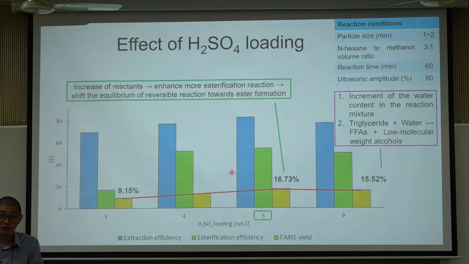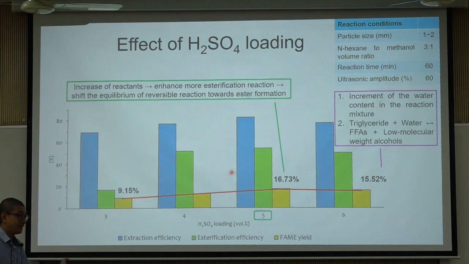Then, enhancing more esterification reaction, of course, this one we know. From the chemical reaction, we know that if there is more catalyst loading on the process, the process will be more efficient. Correct? More efficient until a certain optimum value, which in this case is up to 5%.